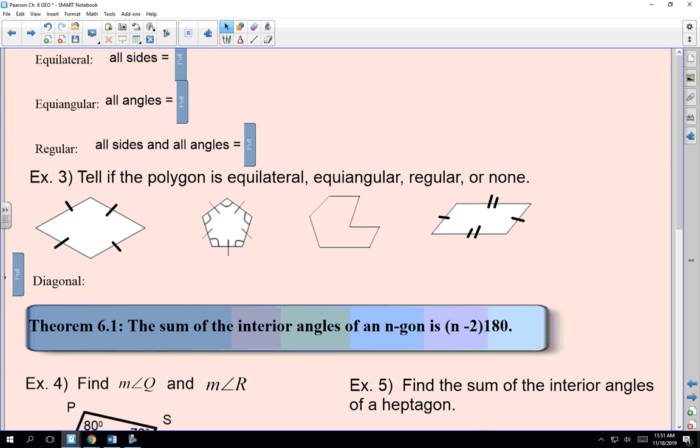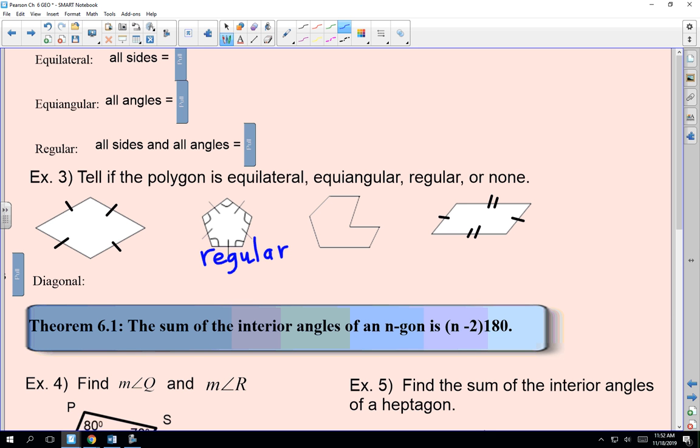So it says tell if the polygon is equilateral, equiangular, regular, or none. There's only one that is regular here. You see it? Yeah, B. The second one on there, that's the only regular one. So this one is regular. And I only see one that is equilateral and none that is equiangular.